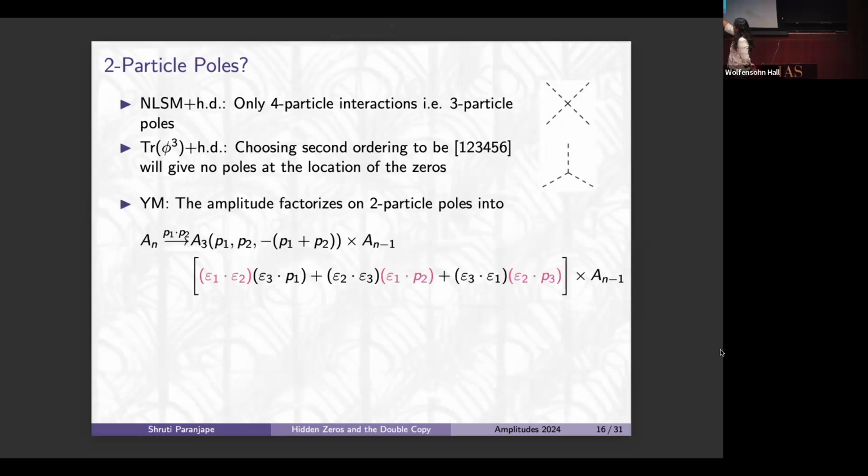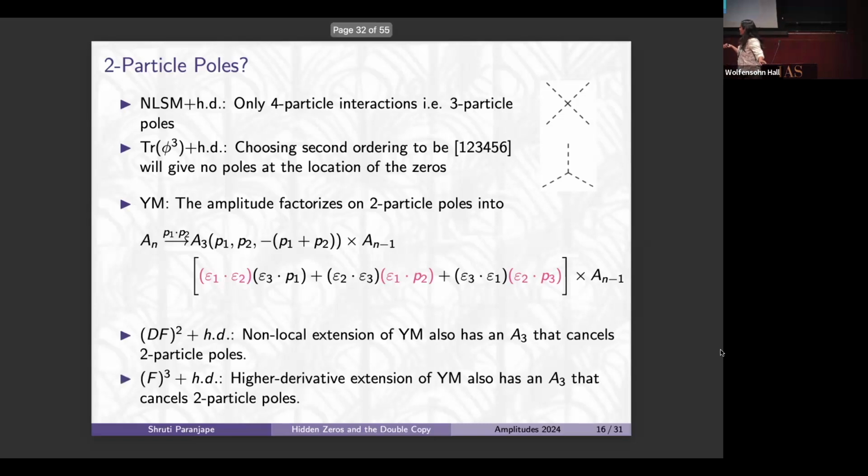Yang-Mills is an interesting case because though it has these 2 particle poles, it needs to look like a 3-point amplitude times a lower point amplitude on the 2 particle pole. And the 3-point amplitude happily actually vanishes on this condition because of these epsilon dot products. Okay. Similarly, you can check that other theories people might be interested in, like DF squared and F cubed, plus their high derivative corrections, all satisfy the BCJ relations, avoid the 2 particle poles, and so have to have these hidden zeros.